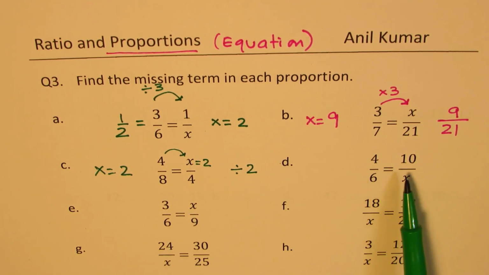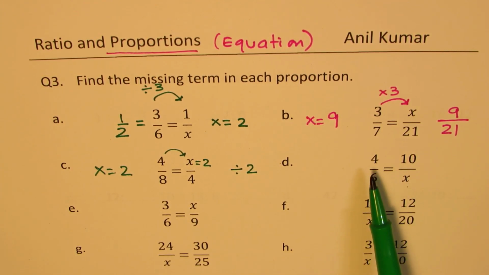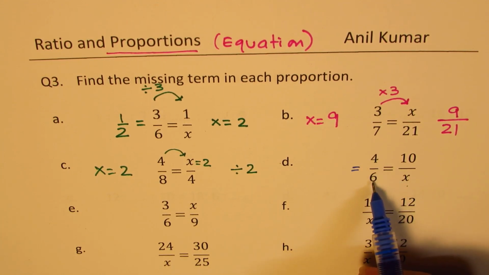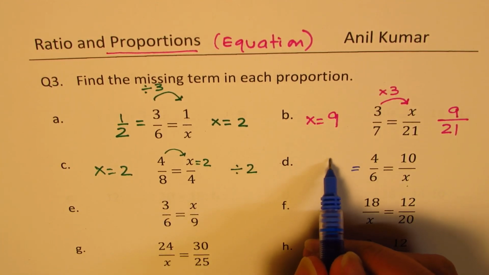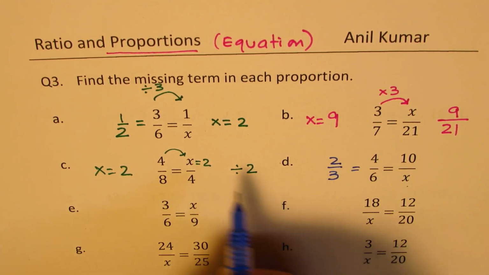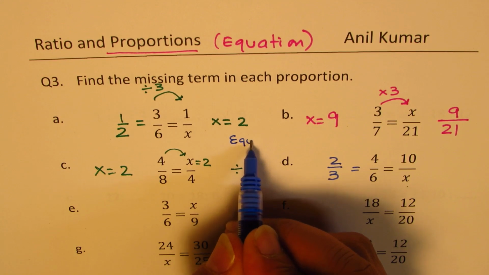Now, part D. 4 over 6 is equal to 10 over x. Now, how do you get from 4 to 10? That's difficult. So that is where the lowest terms come in. We could actually divide 4 and 6 both by 2 to write this as 2 over 3. Do you see that? So what we did here, we wrote an equivalent ratio.